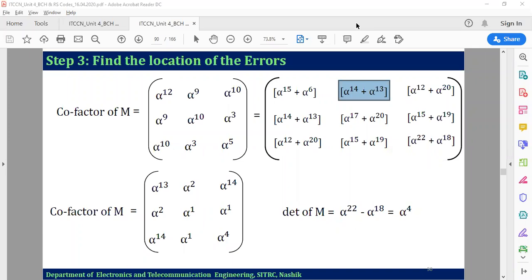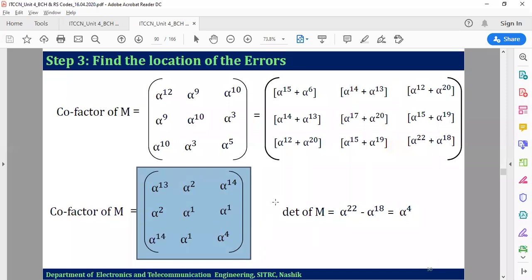Is it correct? Have you solved the cofactor of m? I hope you have got the answers for cofactor of m. If not, just write this down.